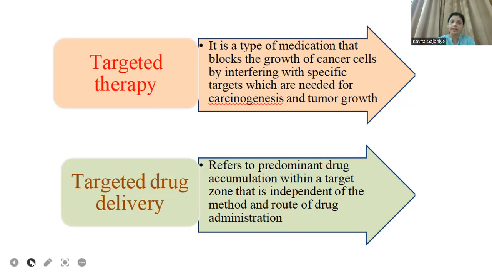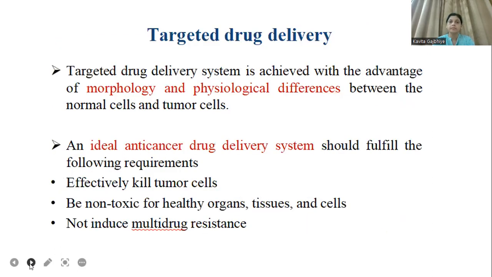And targeted drug delivery refers to predominant drug accumulation within a target zone that is independent of the method and route of administration. So basically some kind of ligands are used for targeting the carrier system, which can deliver the drug at the desired site.